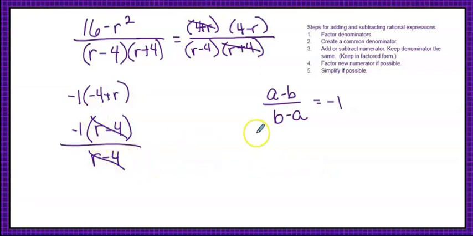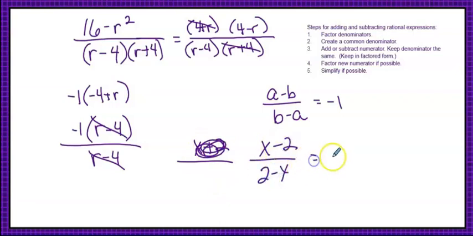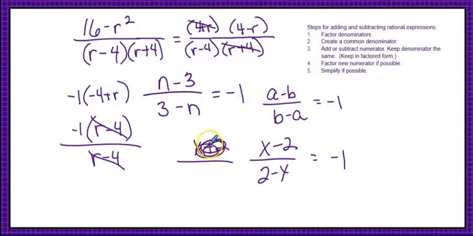So anytime you get something that's reversed like that, if it's subtraction and the two numbers are reversed, so if you've got x minus 2 and 2 minus x, just keep in mind that's negative 1. N minus 3 over 3 minus n, negative 1. So just put a negative somewhere in the numerator or denominator and you can cancel those out.